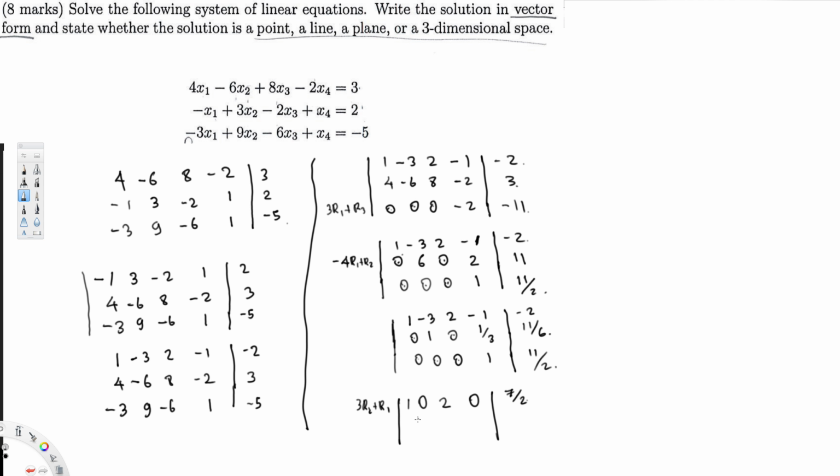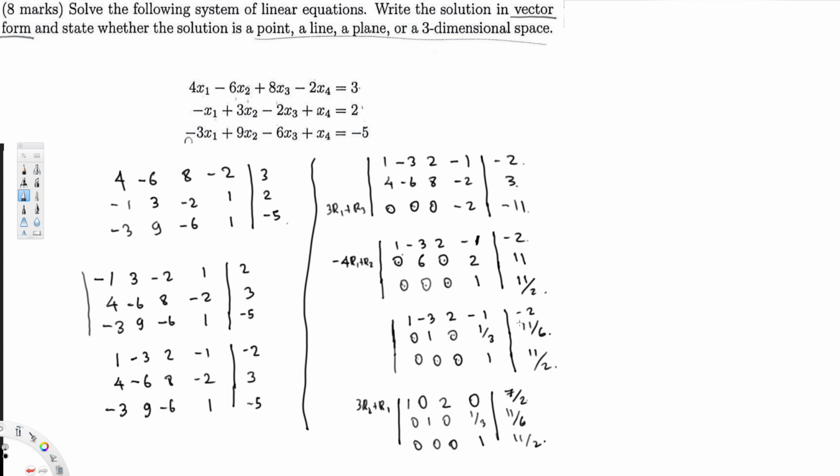Then 0 1 0, 1 over 3, 11 over 6. Then we have 0 0 0 1, 11 over 2.